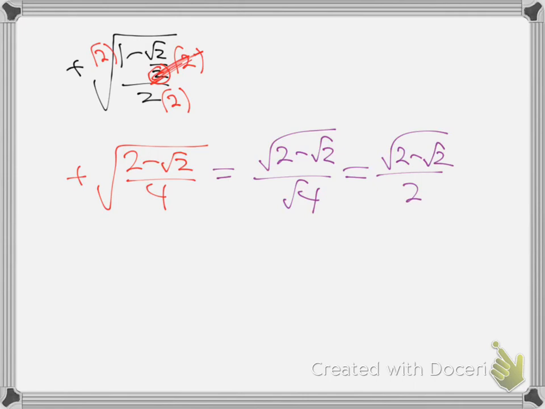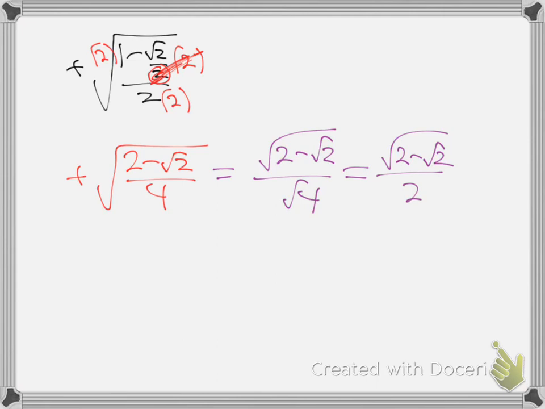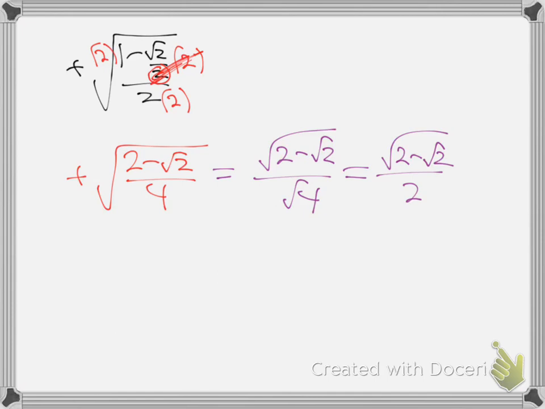There we go. I'm hoping that answer will be there. It's not. Root of 2 minus root 2. Let's see, oh, they have the halves in the front. Wouldn't it just be the same as that thing times a half? Are you good with the fact that dividing by 2 is the same as multiplying by half?